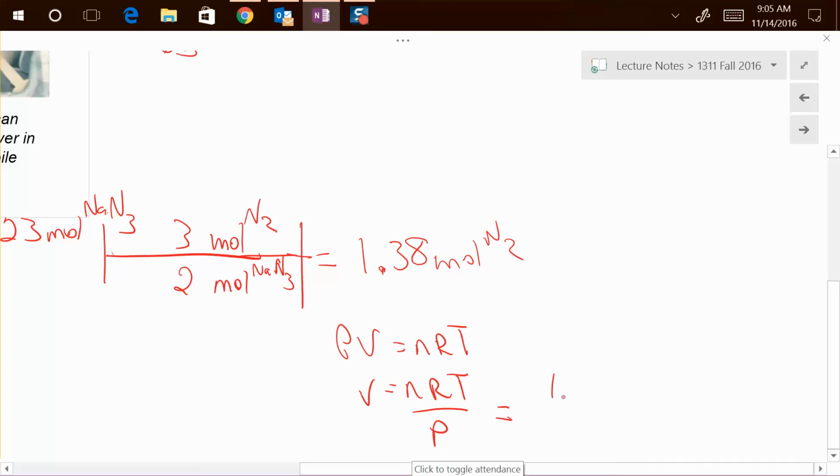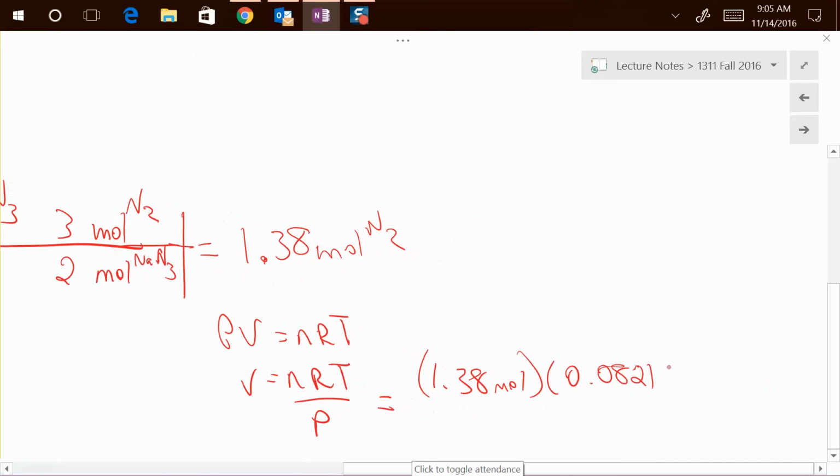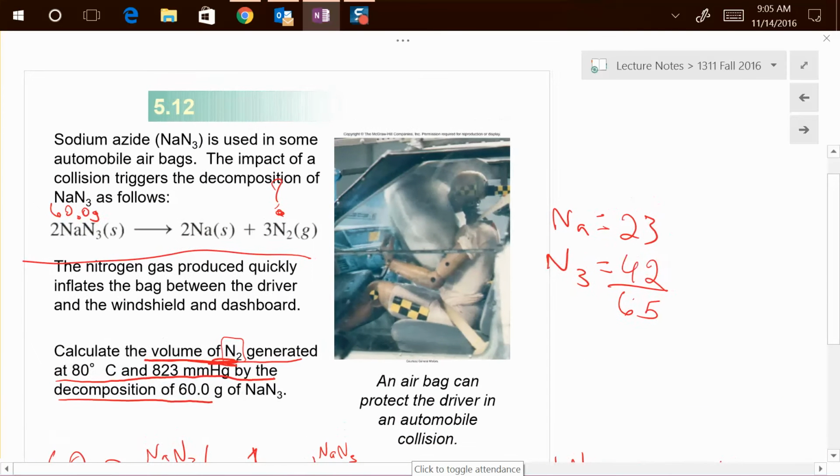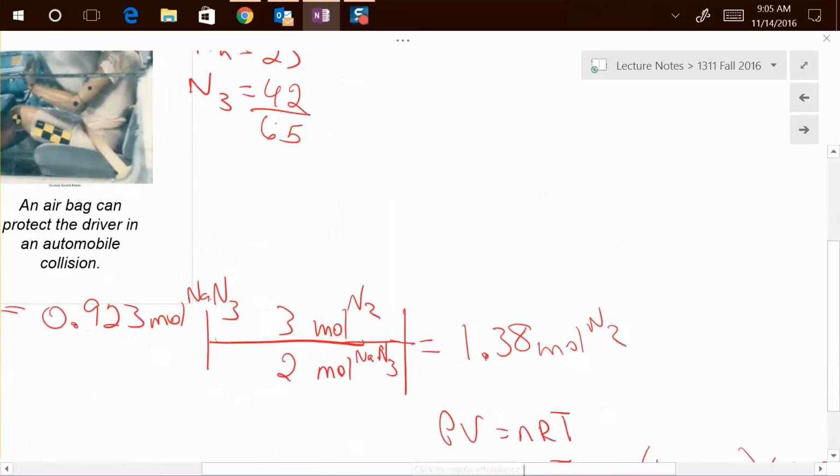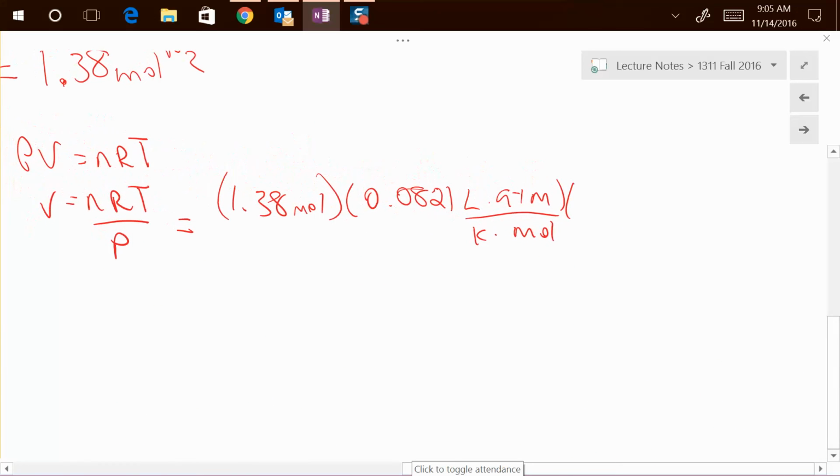My moles are 1.38 moles. My R is 0.0821 liter atmospheres over Kelvin moles. And my temperature is, if I go back here, 80 degrees Celsius, which is what in Kelvin? 353 Kelvin.